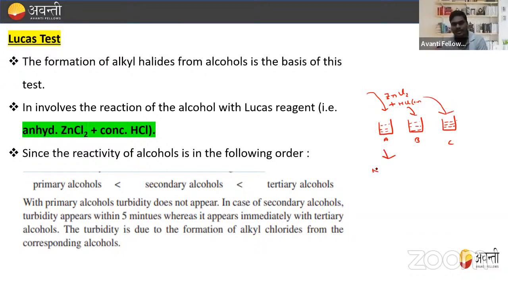If no effect or no turbidity appears, it indicates that it is a primary alcohol.